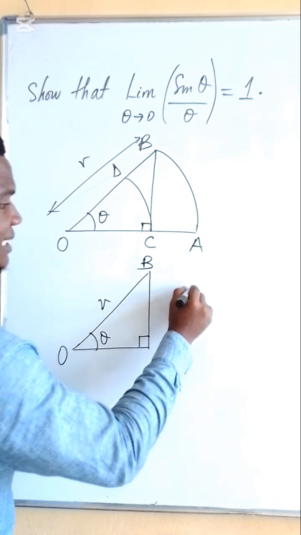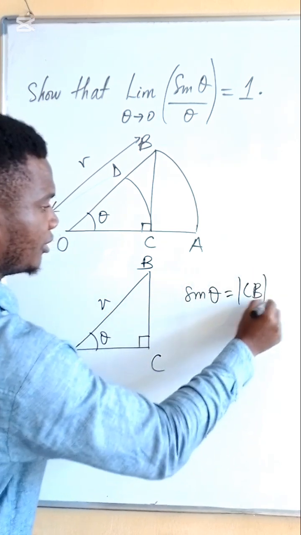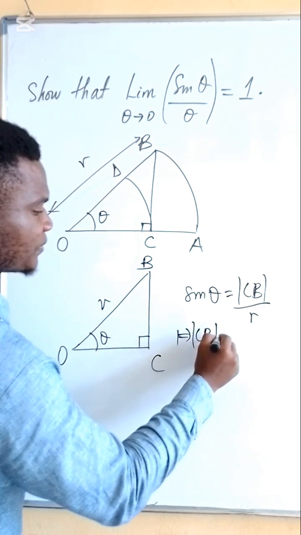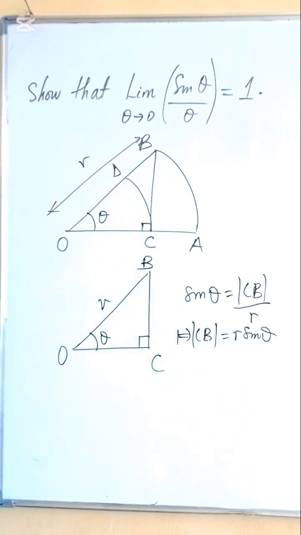It means that sine theta will be equal to CB all over R, implying that CB can have an expression R sine theta. Okay?